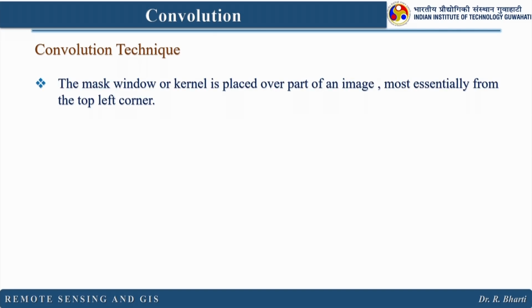Here we will see how we perform this convolution. The mask window or kernel is placed over part of an image, most essentially from the top left corner. If this is your image, you will start from here, and let us assume this is 3 by 3.